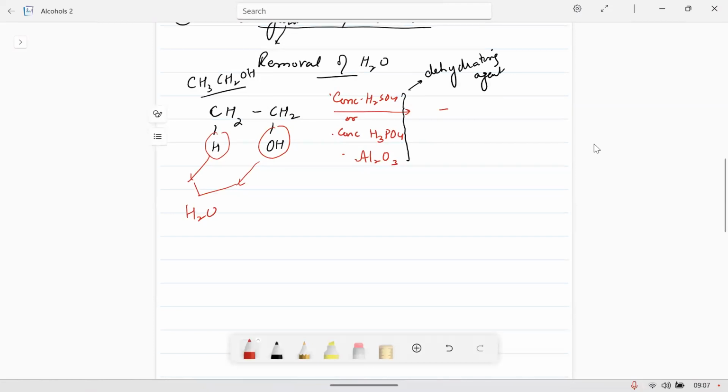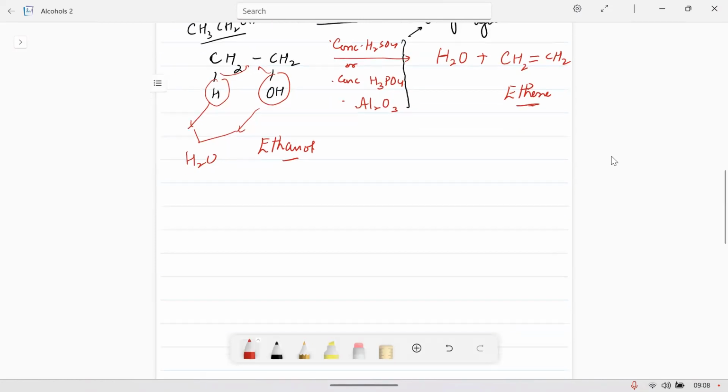That is why you are calling it dehydration, removal of water. This is not a mechanism, this is just to explain to you, and it forms CH2=CH2, which is ethene. So you start with ethanol and you end up with ethene.